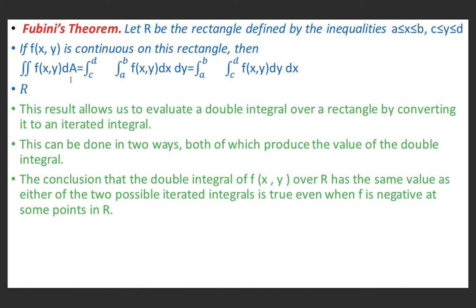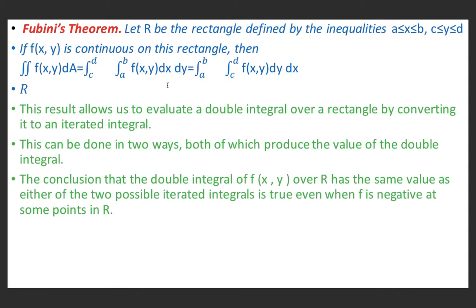We know that the partial derivative of a function f(x,y) is calculated by holding one of the variables fixed and differentiating with respect to the other variable. Let us consider the reverse of this process. The integration of this function f(x,y) with respect to x between the limits a and b denotes the partial integral of the function with respect to x.